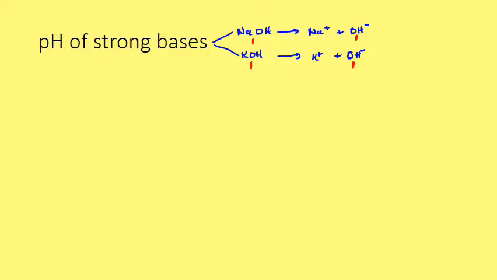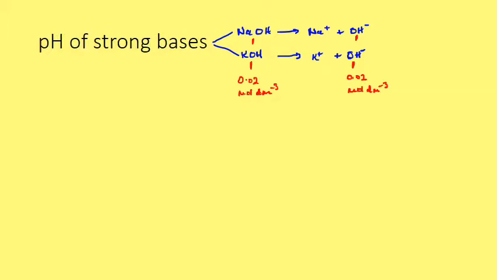In the same way, if you had a concentration of potassium hydroxide of 0.02 mol per decimeter cubed, you're going to have a concentration of 0.02 mol per decimeter cubed of hydroxide ions.